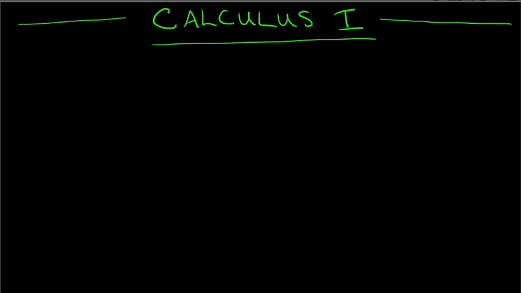So I'm not going to talk a whole lot about the history of calculus. I'm by no means an expert, but I am aware that the origins of it were in ancient Greece and India, and of course Persia, the Middle East, and China, and possibly other places as well.